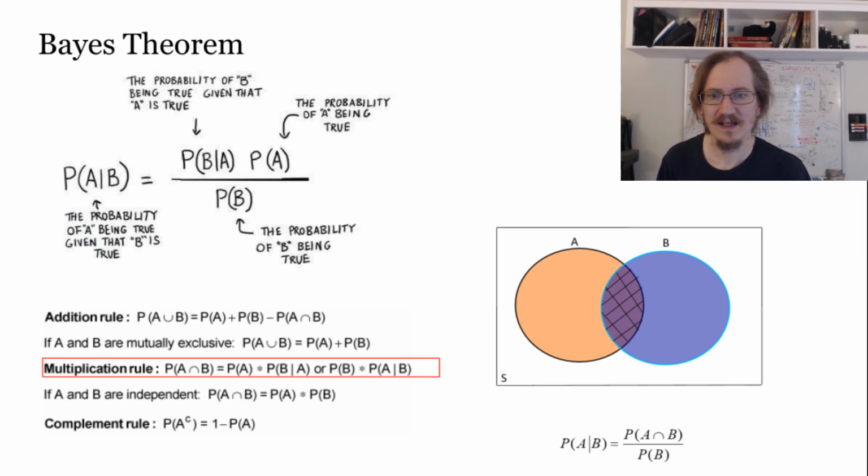Now, the top part of this equation, the probability of B given A times the probability of A, is another way to think of the multiplication rule, which I've highlighted below with the red box, and that's really equivalent to A intersect B. That's what the numerator of the fraction is: the intersection of these two.